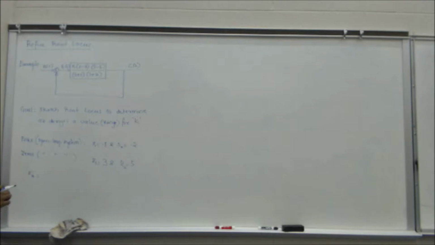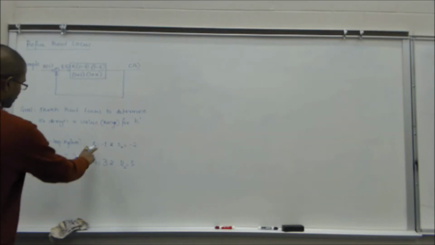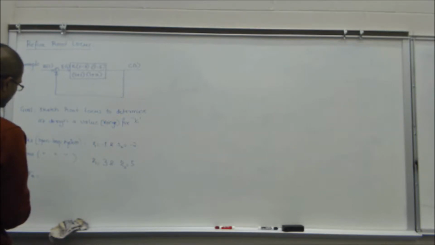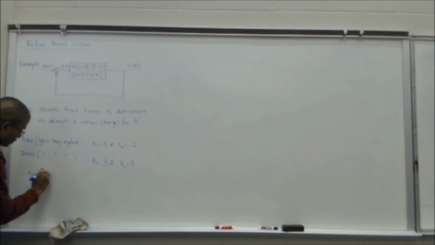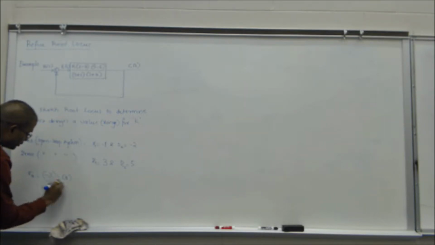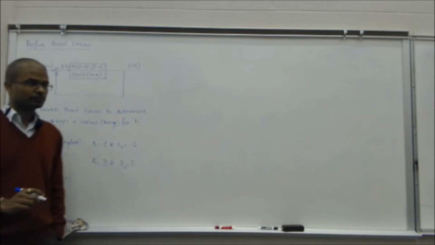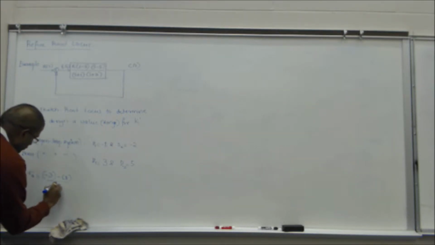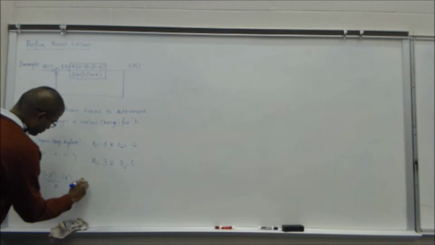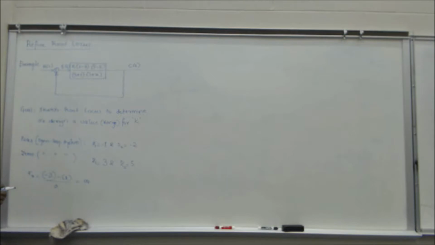So if you look at summation of finite poles, it is -1, -2, which is -3, minus 8, divided by 0. So this is actually infinity.